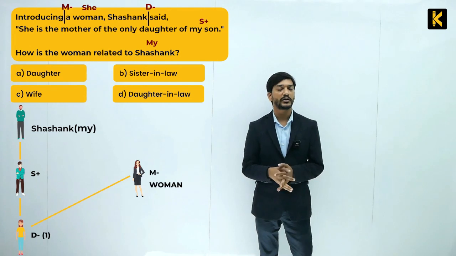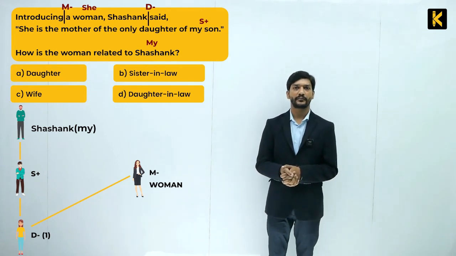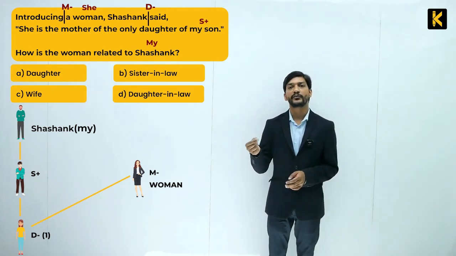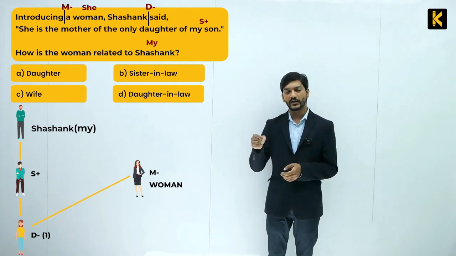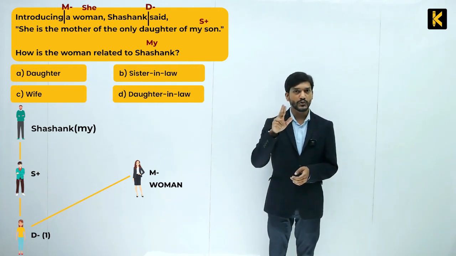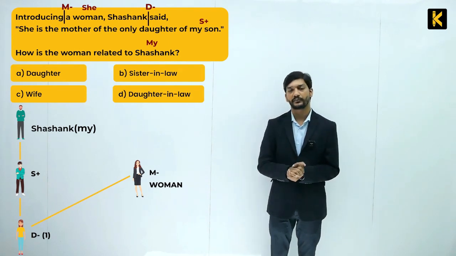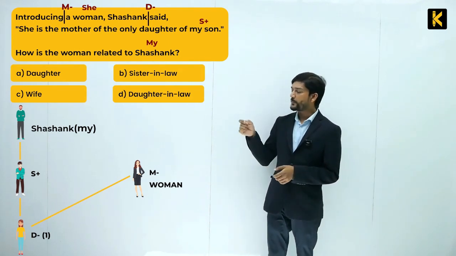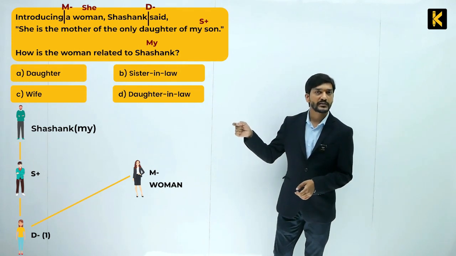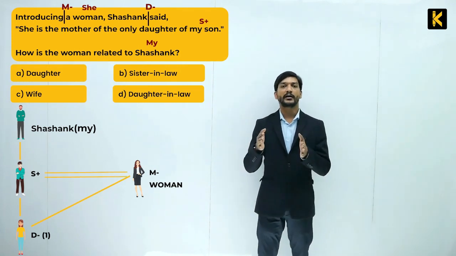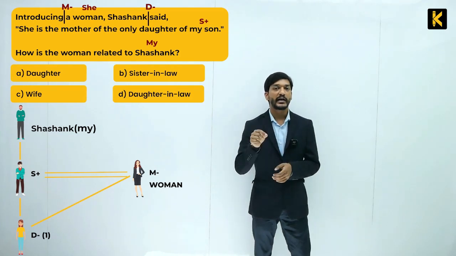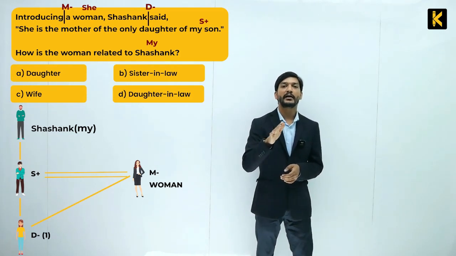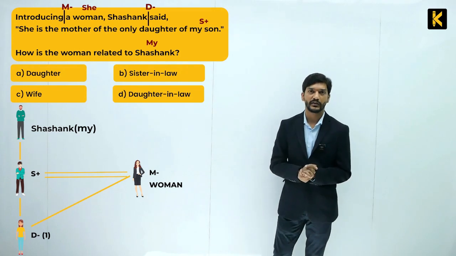D is the daughter of S plus and D is the daughter of M minus as well. So D is the daughter of two persons, so those two persons should be a couple, right? So S plus and M minus are a couple. They are husband and wife. S plus is the husband and M minus is the wife.